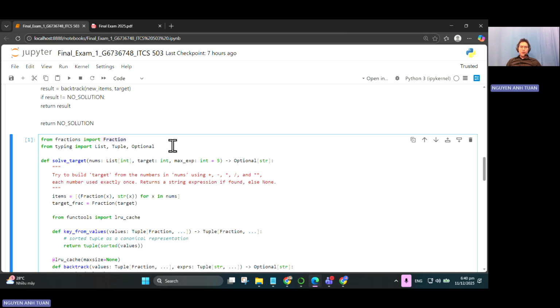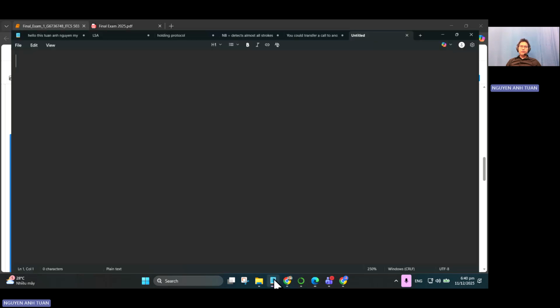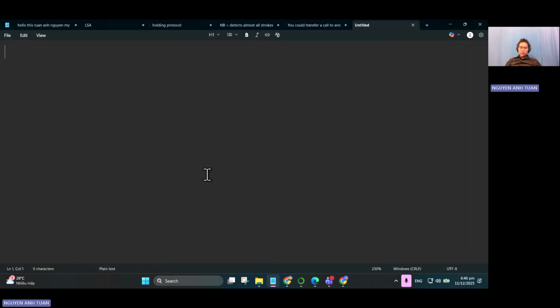For each partial result, I store the numeric value as a fraction and the corresponding expression as a string, for example 7 multiplied by 2 plus 3, something like this.